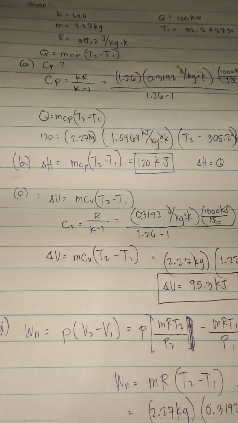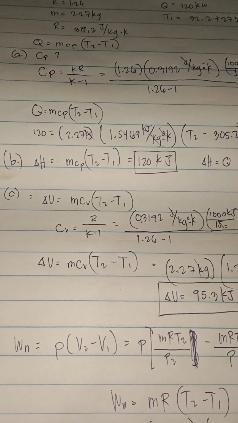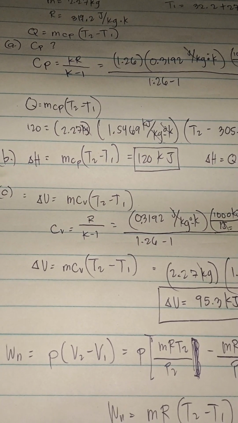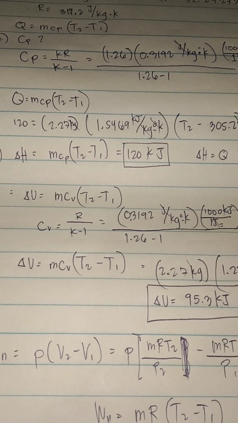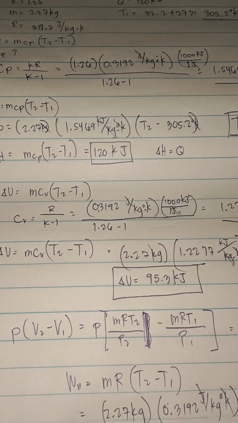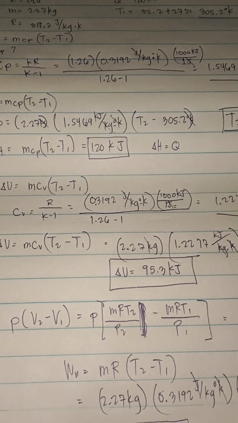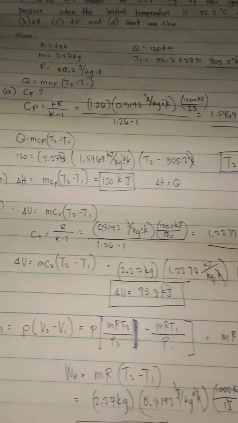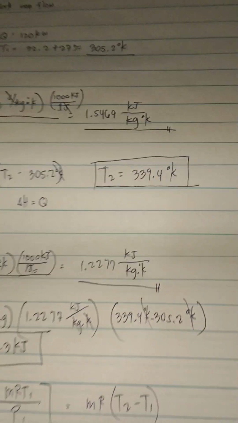Substitute the given values. 120 kilojoules equals 2.27 kilograms times 1.5469 kilojoules per kilogram degree Kelvin, times parenthesis, final temperature minus 305.2. The answer would be in degrees Kelvin.